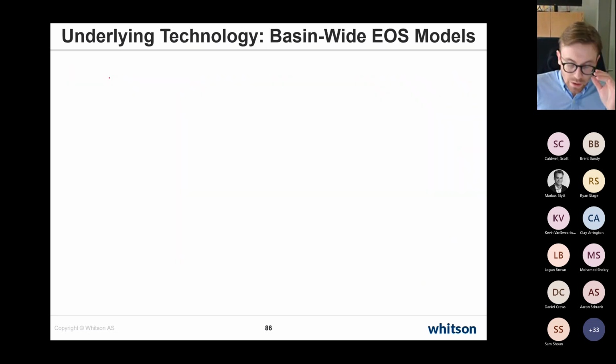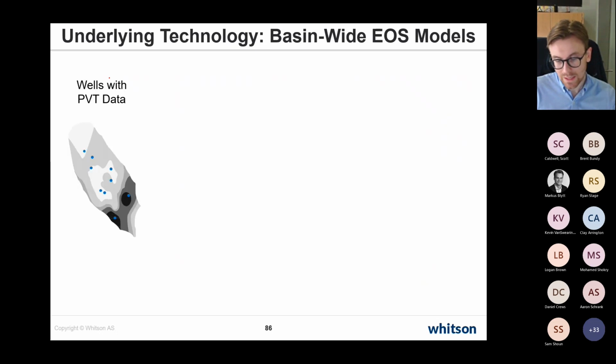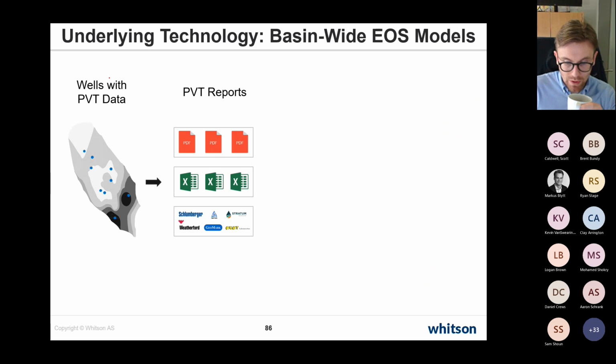When it comes to a lot of the work we've done with many of you companies, we've done these PVT studies in every single basin, where we've gone out and taken all the PVT data from all the relevant wells that have PVT data, from a wide range of companies and from a wide range of laboratories.